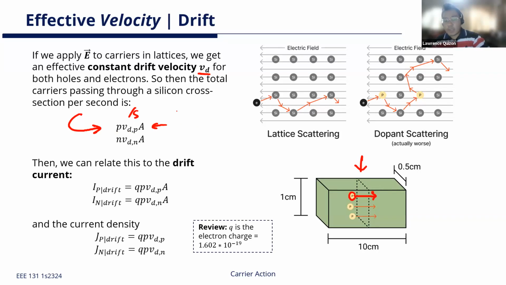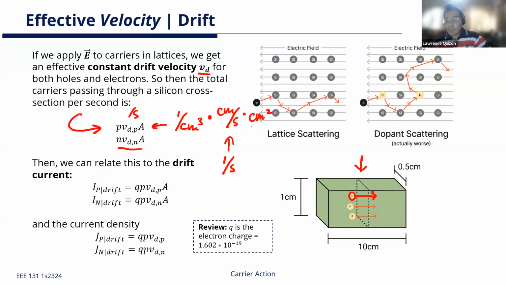It's the carrier concentration per centimeter cubed times velocity, which is centimeters per second, for example, times centimeter squared. This all adds up to 1 per second. So this is the number of holes per second passing through this cross-sectional area. The exercise is left to the reader, but the same thing happens for electrons.